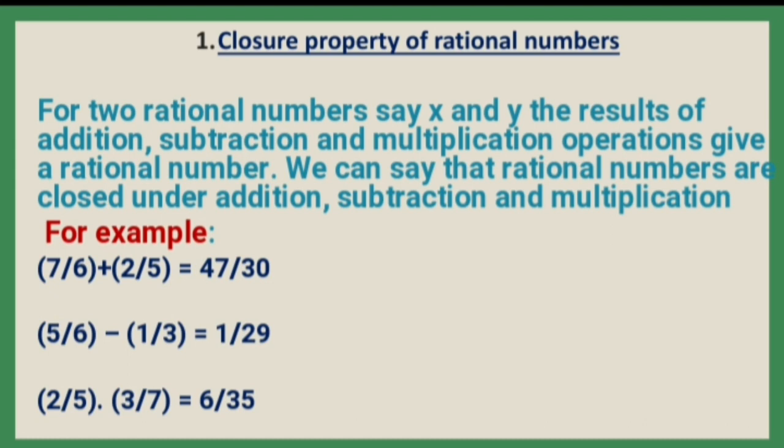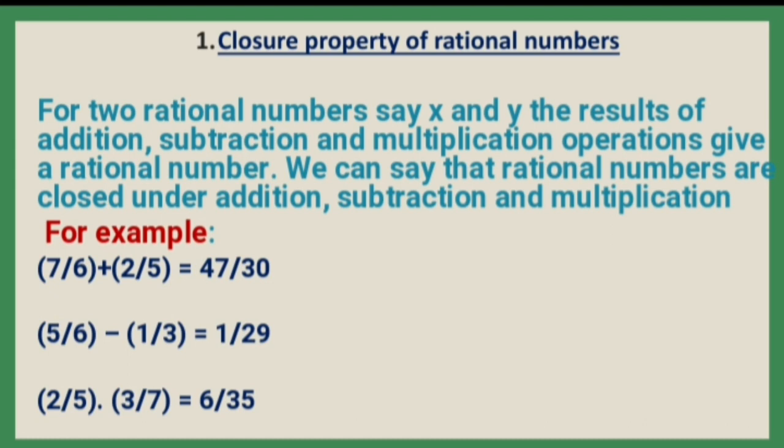When you subtract two rational numbers, you also get a rational number. And when we multiply two rational numbers, we also get a rational number. So we can say that rational numbers are closed under addition, subtraction and multiplication. That is the first property of rational numbers.